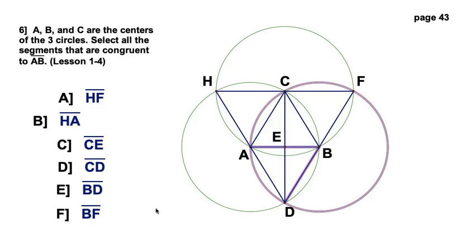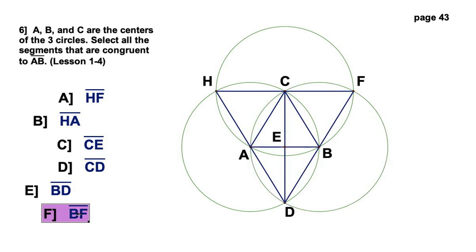So these two are congruent. And where's BF? Well, BF is over here. And again, it is also a radius of this circle. So look at these three, BA, BF, BD, are all radii of that circle. So I'm going to give a yes to these three.